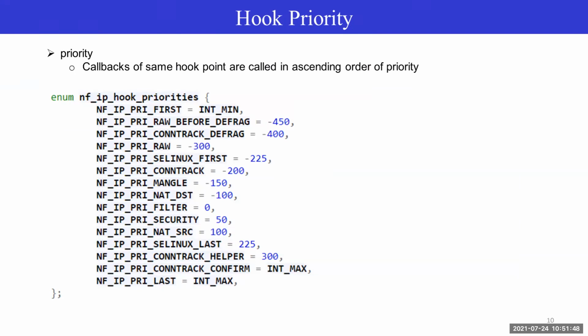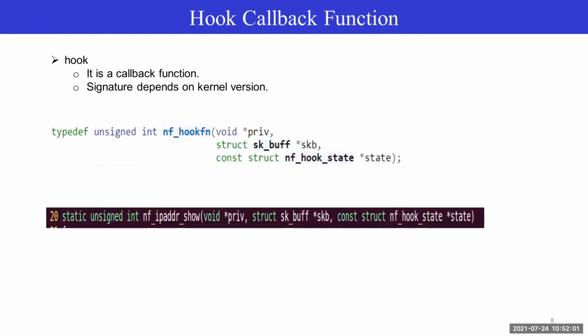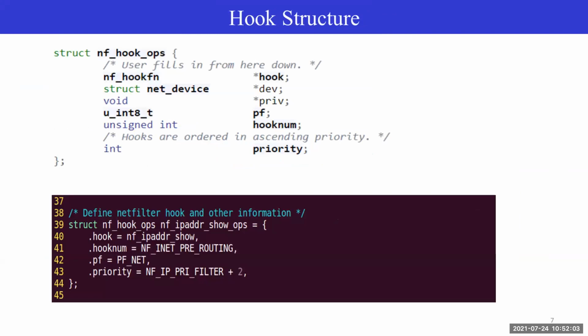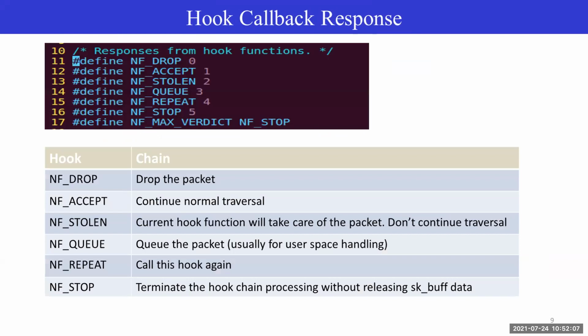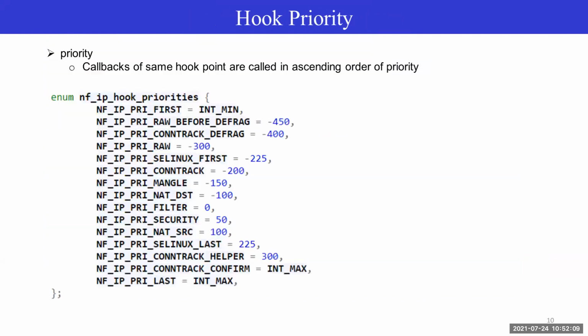If you are specifying your callback function as NF_IP_PRI_FIRST, then that will be called first. Okay, and again, as I have shown in my example, I'm applying NF_IP_PRI_FILTER plus 2. So this is in this layer.